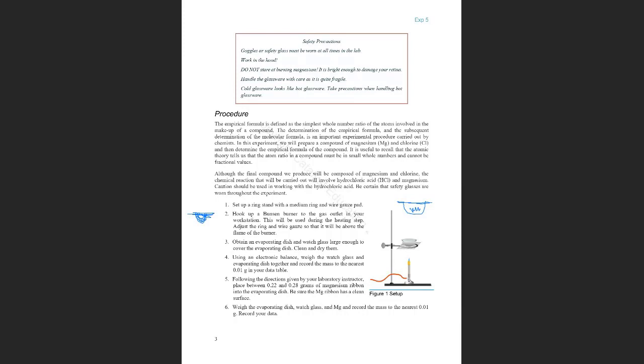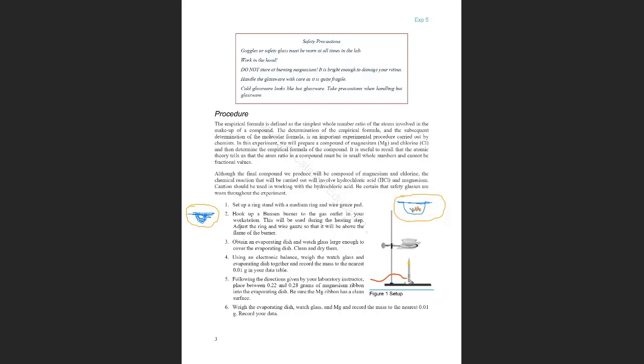You want to know the weight of those because then you are going to add the magnesium and you are going to get the weight of the 3 pieces: magnesium, evaporating dish, and watch glass. So when you subtract the weight of the empty pieces from the weight of these 3 pieces, you will have the weight of the magnesium metal. You will know how many grams of magnesium are going to react, the mass of magnesium before the reaction starts.